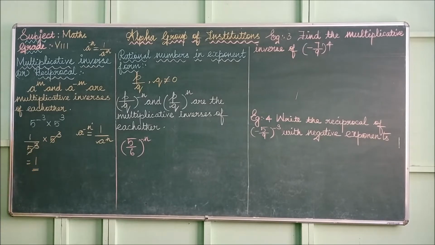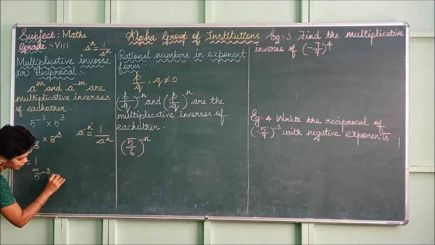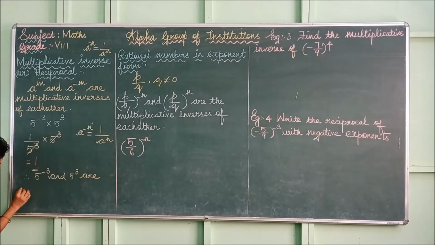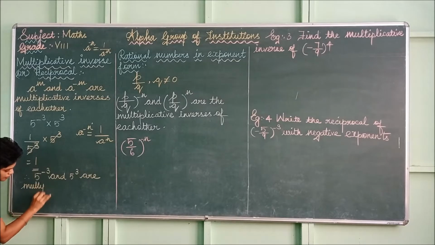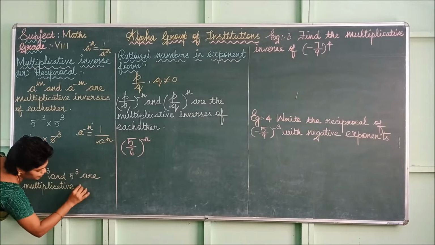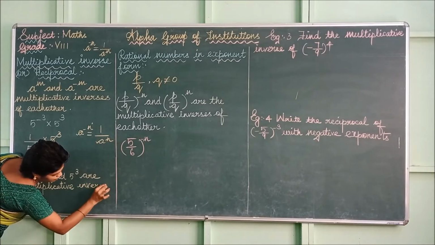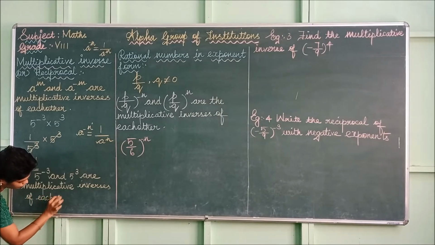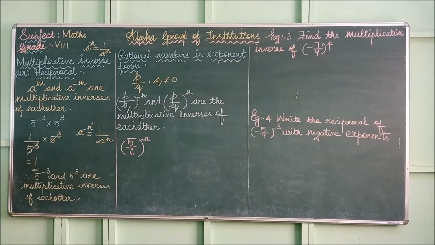So if the answer is 1, we can say this 5^(-3) and 5^3 are the multiplicative inverses of each other. Otherwise, we can call it a reciprocal.